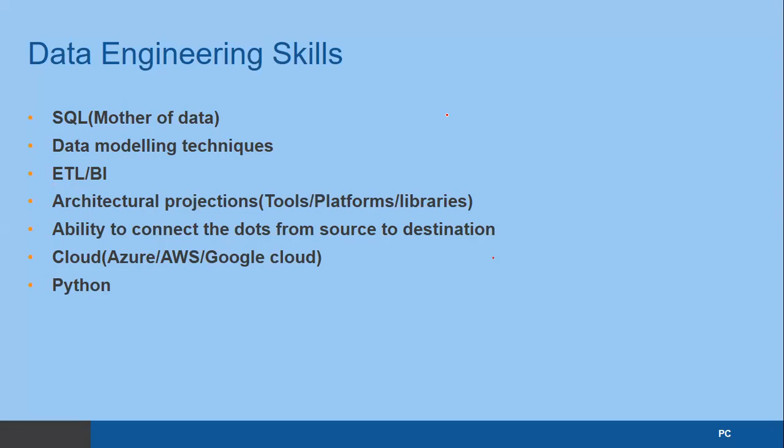There's also the ability to connect the dots from source to destination. You have sources and targets, and you should be able to analyze how you can get the data into a suitable form as per the end user's requirement. So you should have some good analytics.